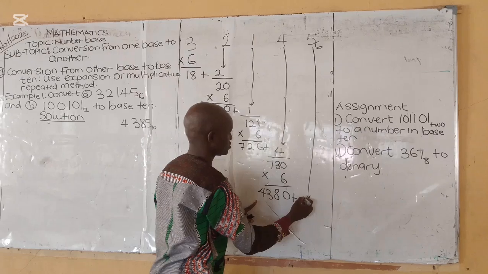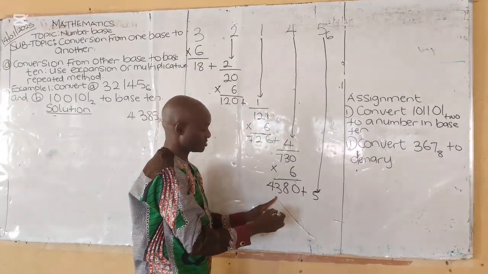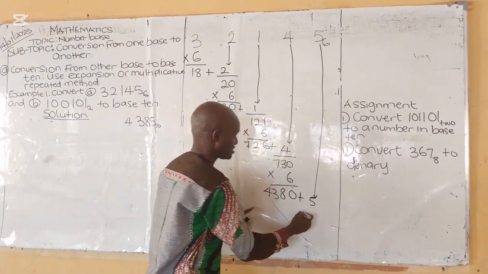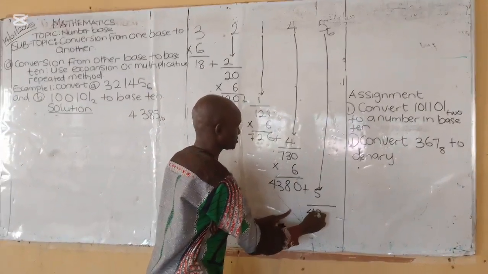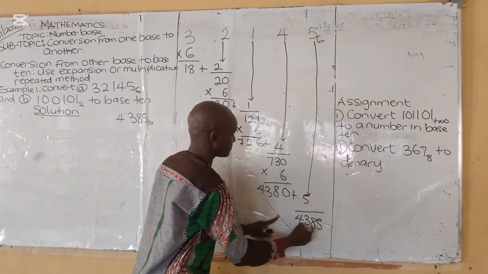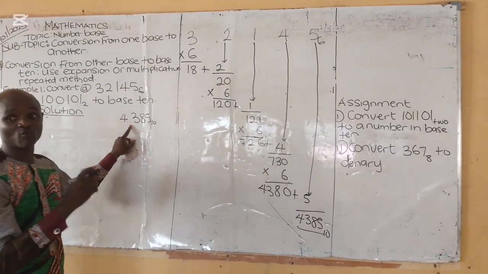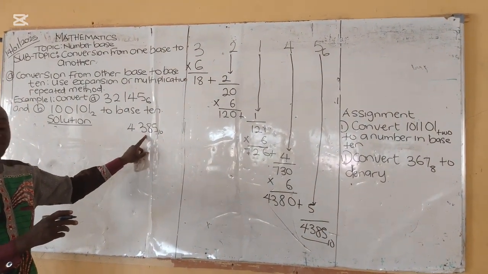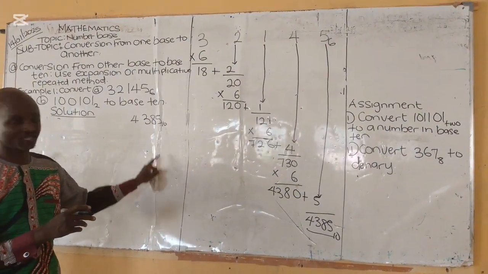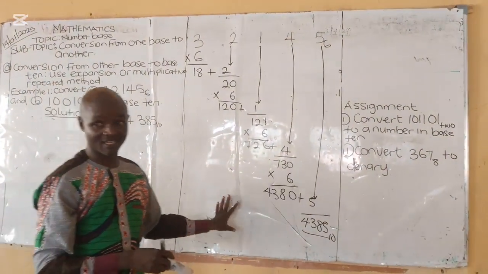You add it to the value that you have, which is 4,380. And when you add together, you have 4,385 in base 10. And that is the value we got when we used the expansion method. That is one way of doing it again.